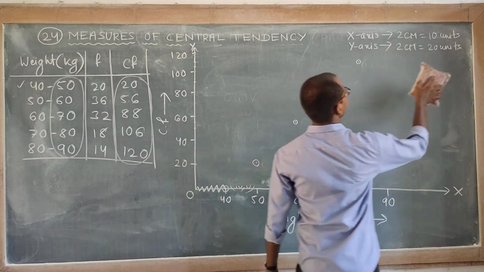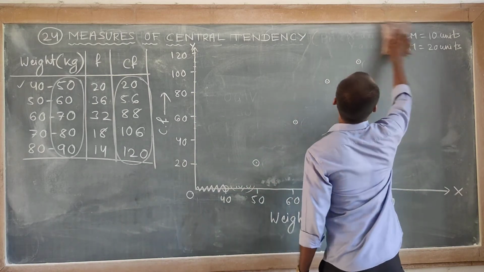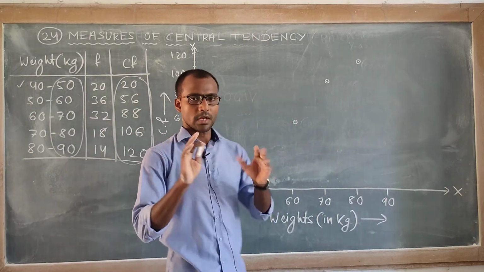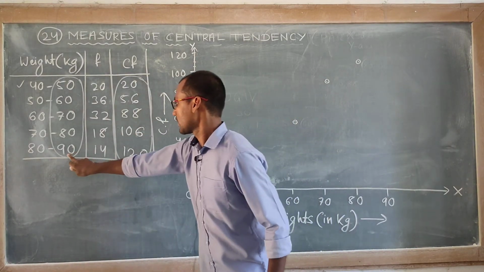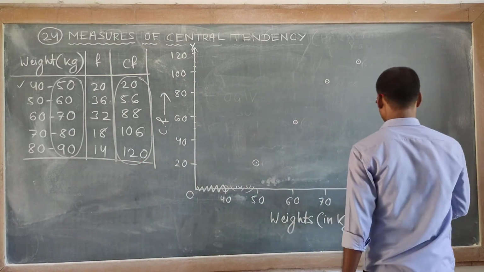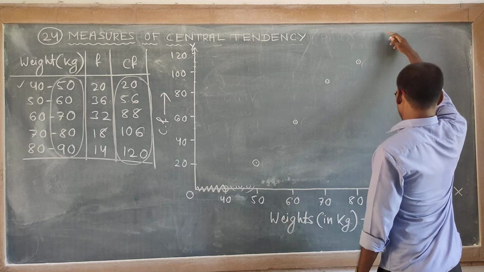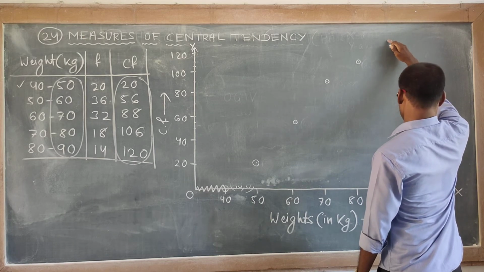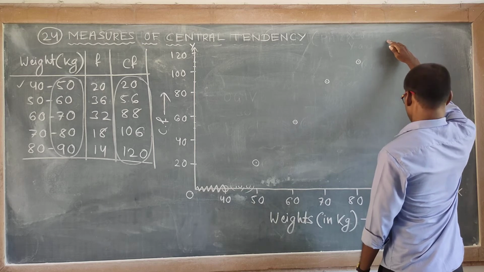Ready? The last point, coordinates are 90, 120. Okay. So this is 90. As you can see, this is 90. 120 means 120.